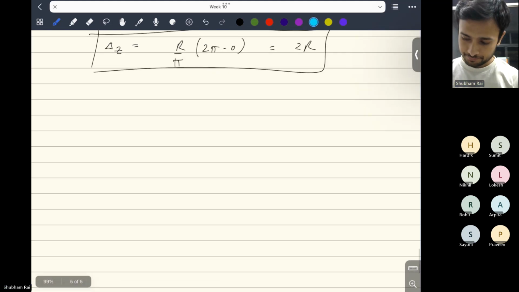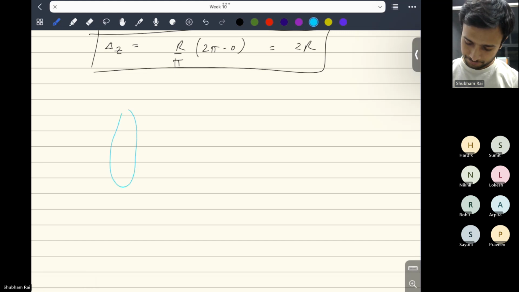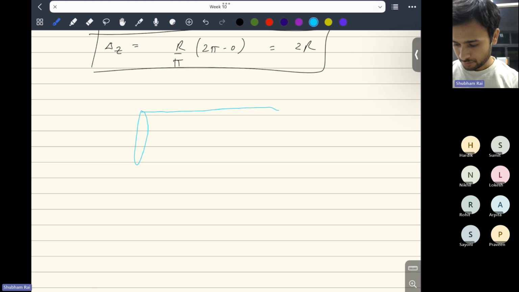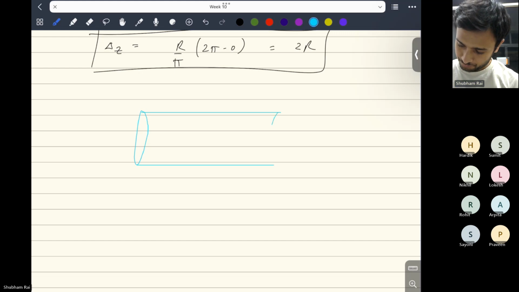So now once you have this distance 2r, what it means is, let's say you have this angular distance. Let me draw it very nicely. I want to be good with my drawing, but I'm not. Okay.